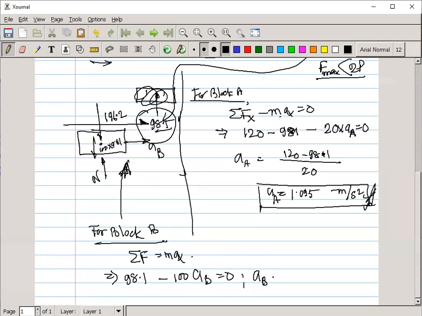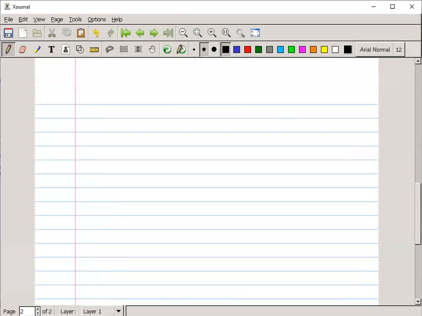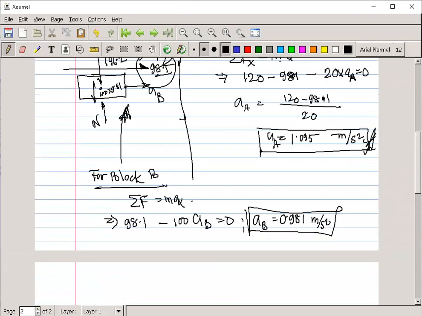So A of B is equal to 0.981. Is it clear? Please reply anyone. Up to this, is it okay?